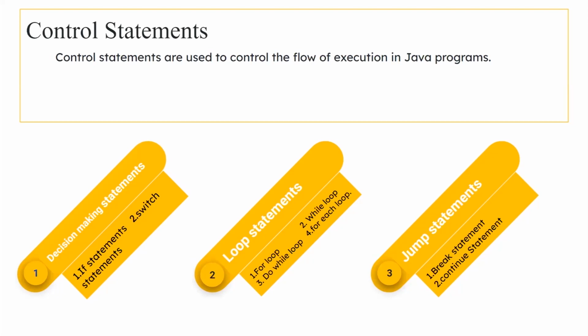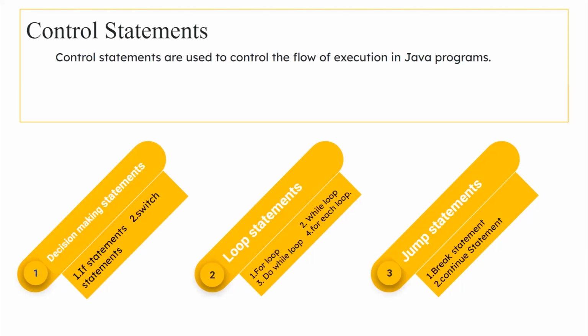Correct. Now here we will see there are three kinds of control statements. One is the decision making statements, where you'll have if, and inside the if you'll have if else and nested if else. The second thing in decision making statements is the switch statement. Then you'll have looping statements, which are also called iterative statements.